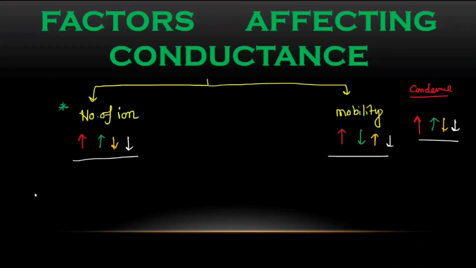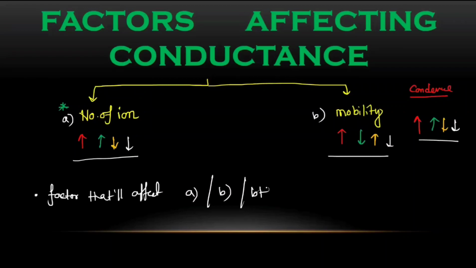Now these are not the factors actually. Factors that will affect A, number of ions, and B, mobility, affect A or B or both, will alter conductance, right?